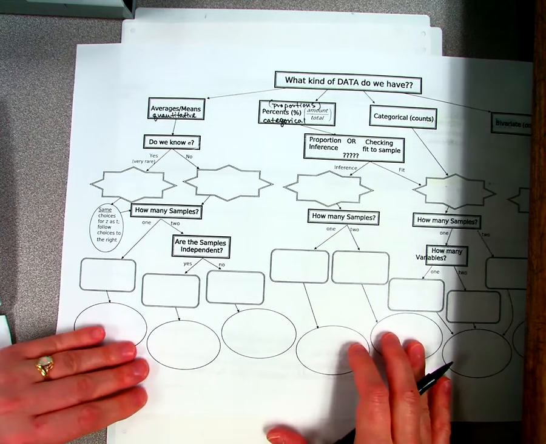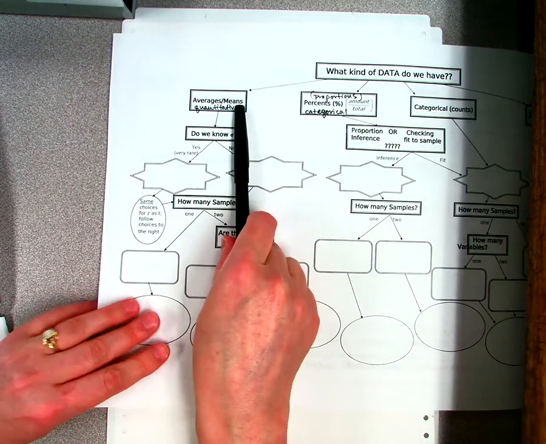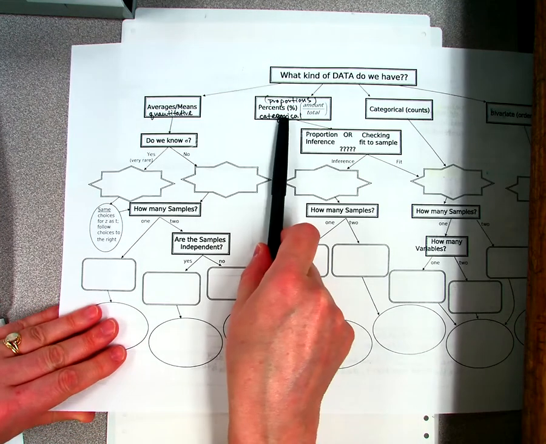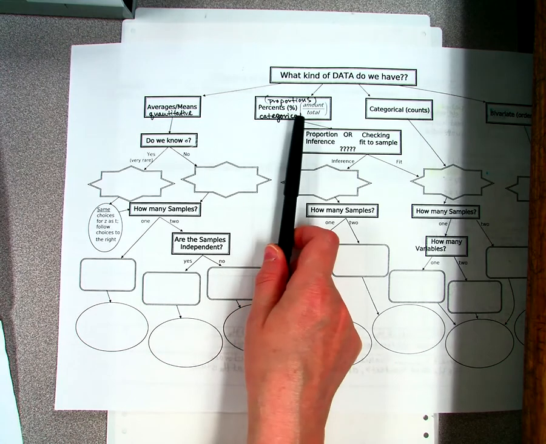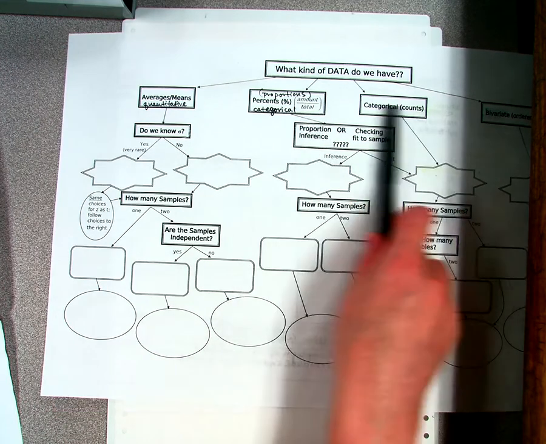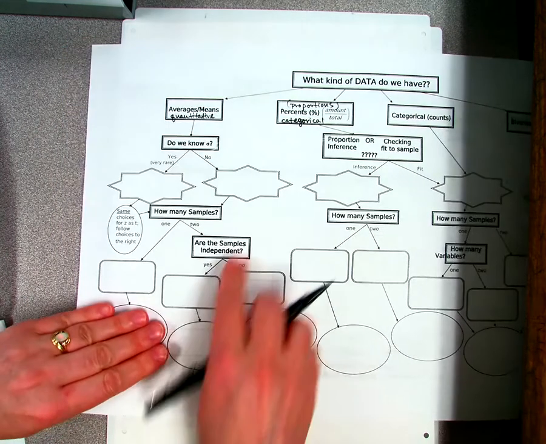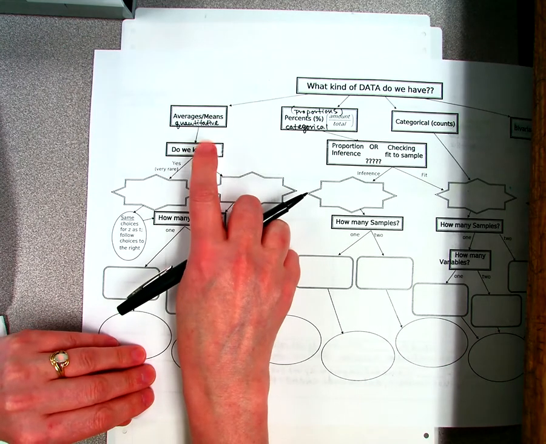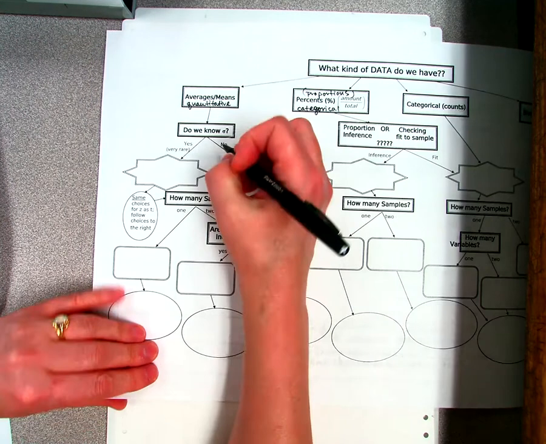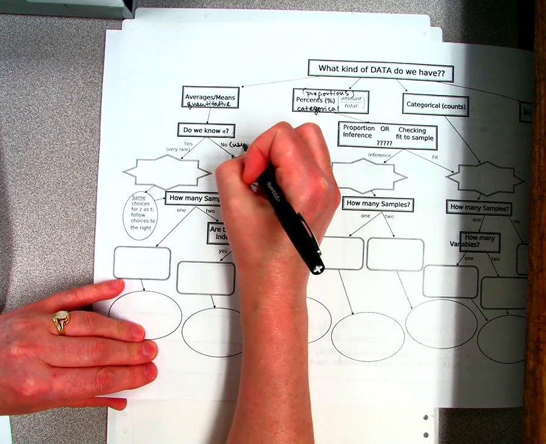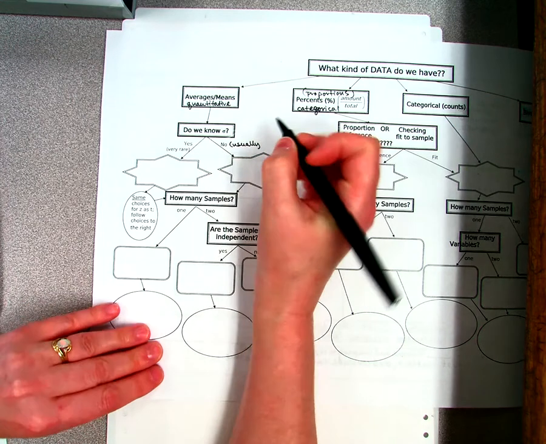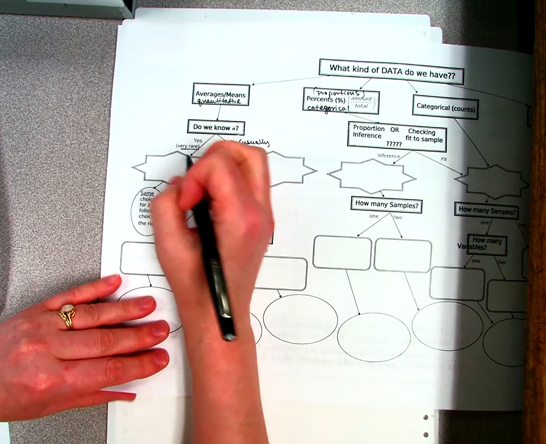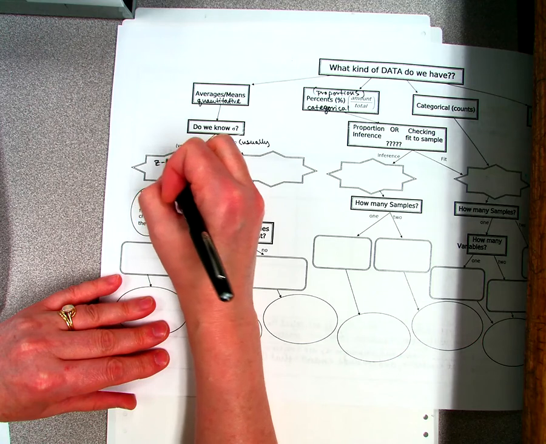So then, what you do next, if you have means, and I did rearrange these a little. We did proportions first in the book. I rearranged them so that this would be next to chapter 10 stuff, and I'll tell you why when we get there. But if you're doing means, the next thing is do we know sigma? The answer is almost always no. So usually you're going to answer no. If it happens to be yes, which is very rare, then you would do what's called a Z-test for means.